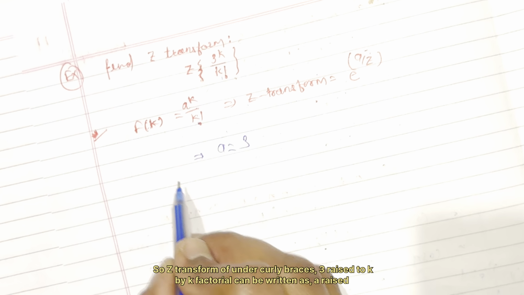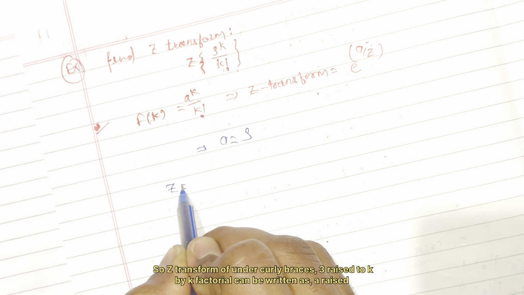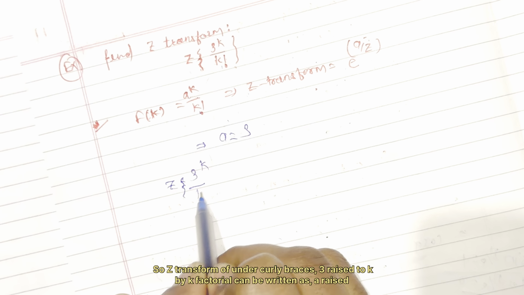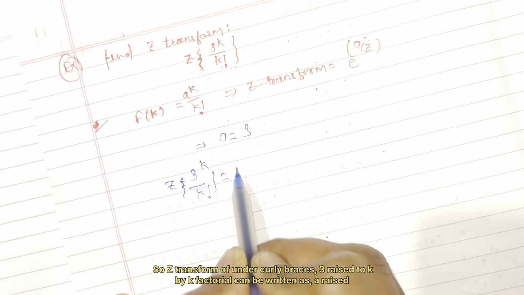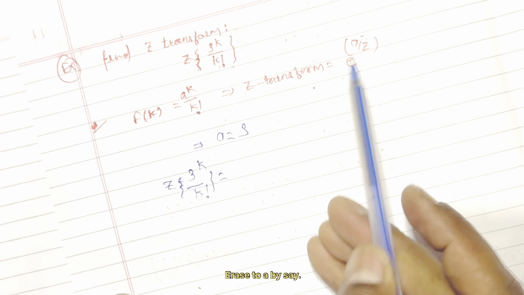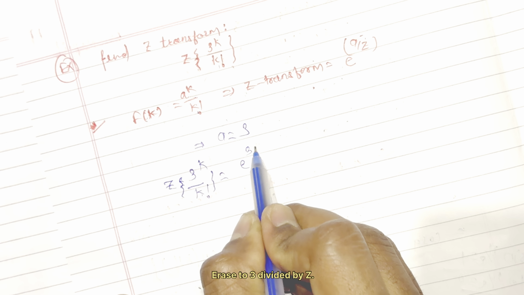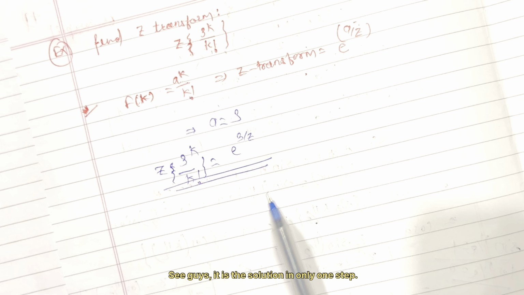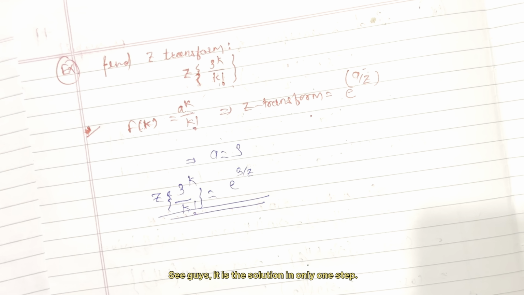So the Z transform of 3 raised to k by k factorial, in the form a raised to k by k factorial, can be written as e raised to a by z, that is, e raised to 3 divided by z. This is our required Z transform. See guys, it is a solution in only one step, and you will get 2 to 3 marks for such steps.